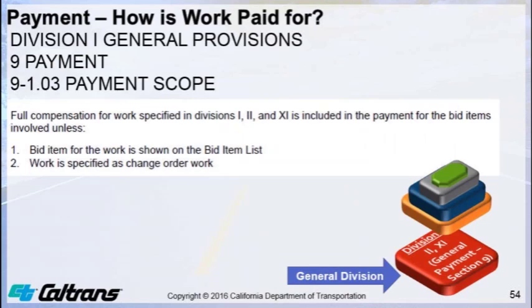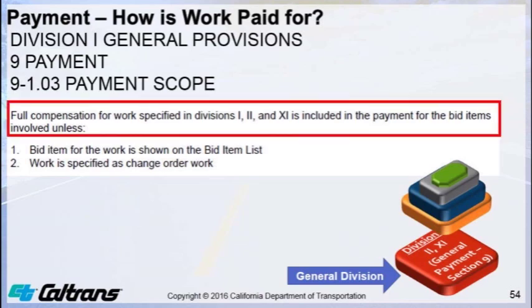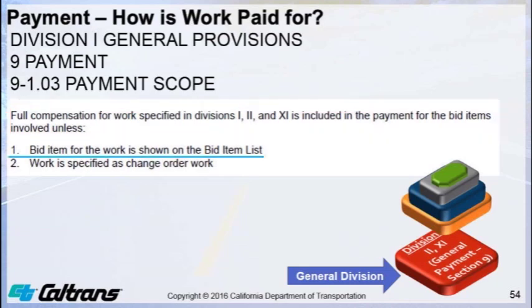Let's start with what could be referred to as the division full compensation clause into various items of work. There were a number of concerns raised by contractors after the 2010 standard specifications were published based on this paragraph shown from Section 9103, Payment Scope, which states that payment is full compensation for work specified in Divisions 1, 2, and 11 is included in the payment for the bid items involved unless two things.